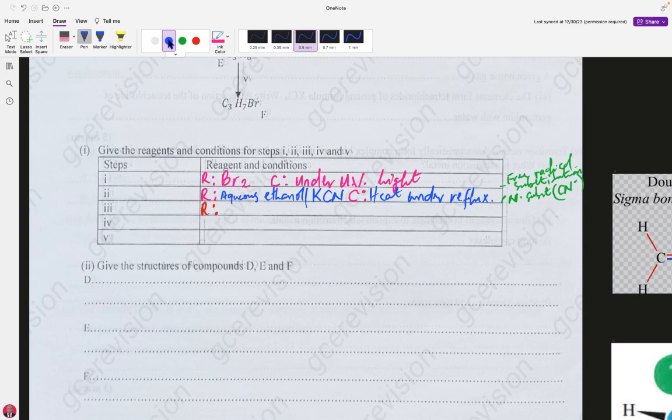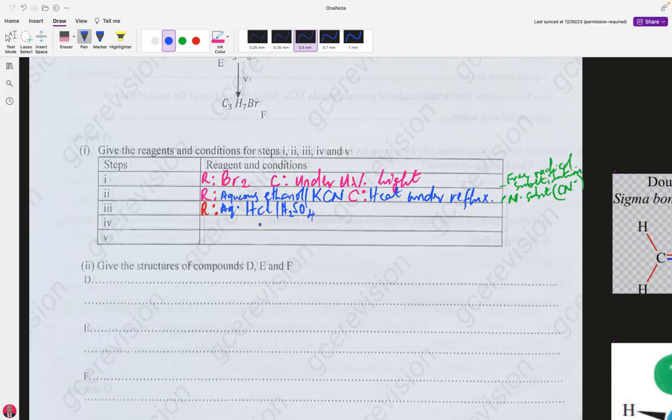So aqueous HCl, or sulfuric acid. Any of the two can go.